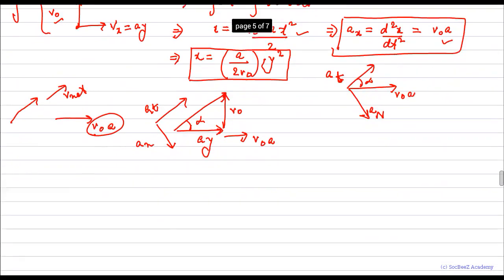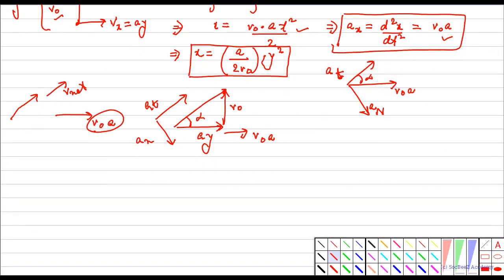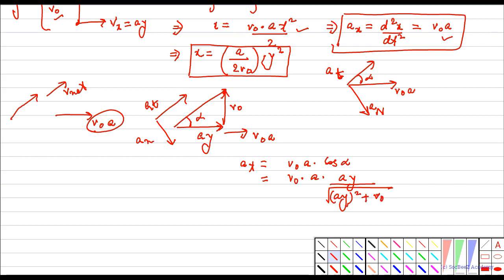So basically AT is nothing else but the net acceleration into cos of alpha, that is v0 into a into cos of alpha. So this would turn out to be v0 into a into cos of alpha is ay upon root over ay square plus v0 square.